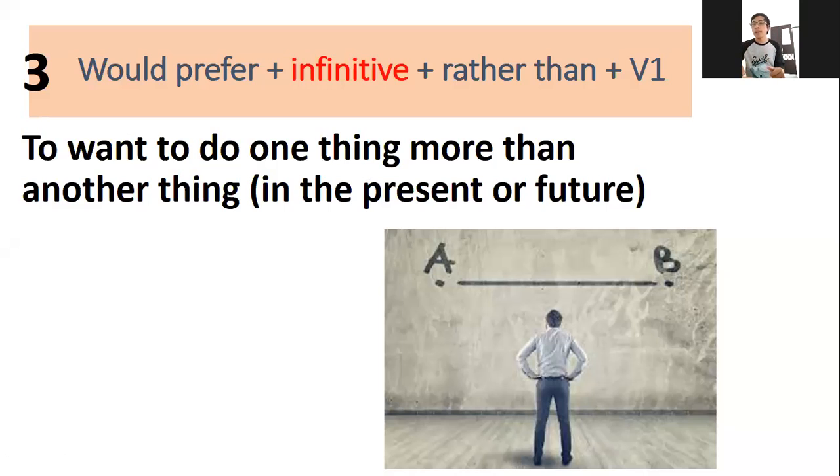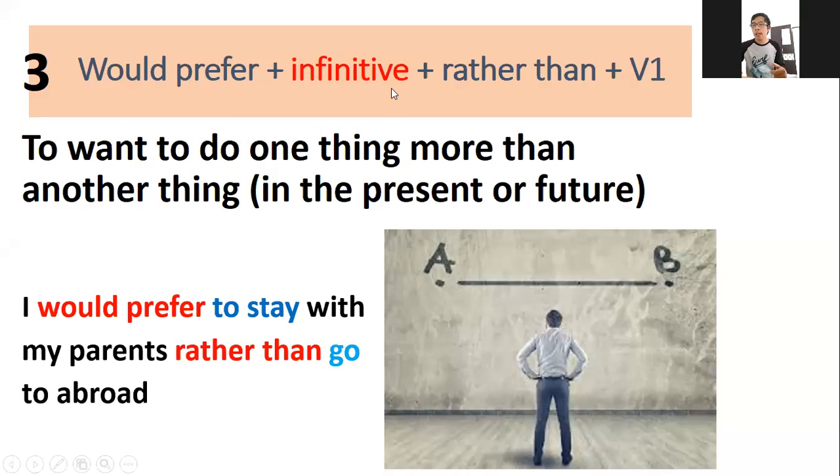The formula is would prefer plus infinitive, then rather than and verb 1. Like this one: I would prefer to stay with my parents rather than go abroad. Remember: I would prefer, then infinitive to verb 1, to stay with my parents, rather than go abroad, rather than verb 1.